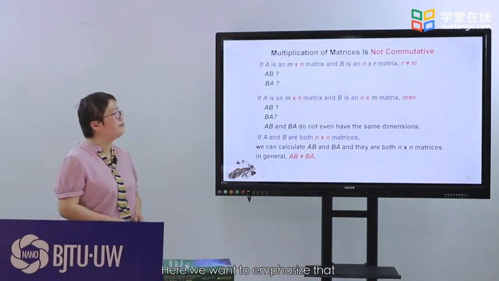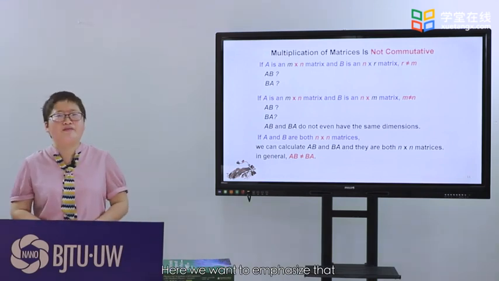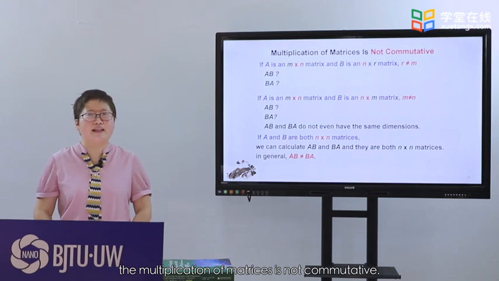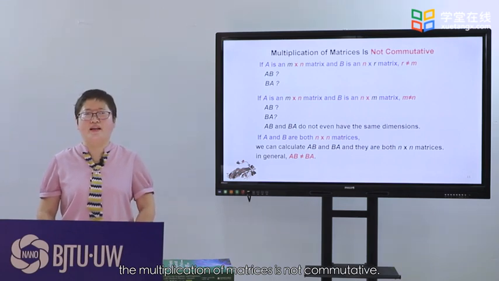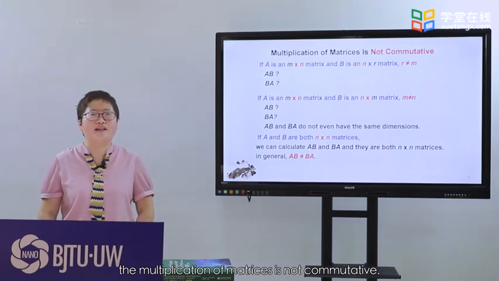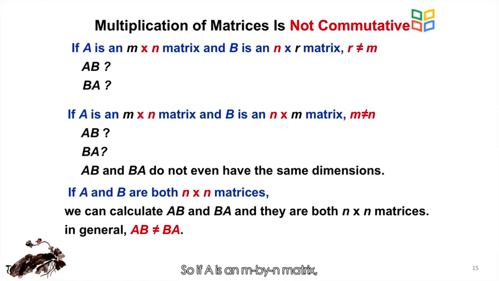Here we want to emphasize that the multiplication of matrices is not commutative. If A is an m by n matrix and B is an n by r matrix, where r does not equal m, what is the dimension of AB? The dimension is m by r, right?